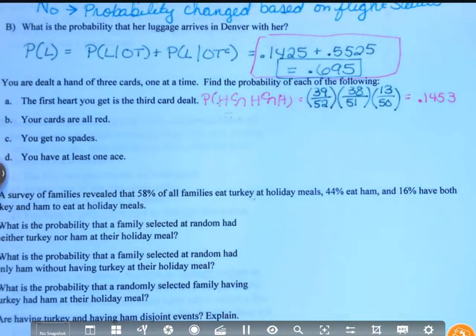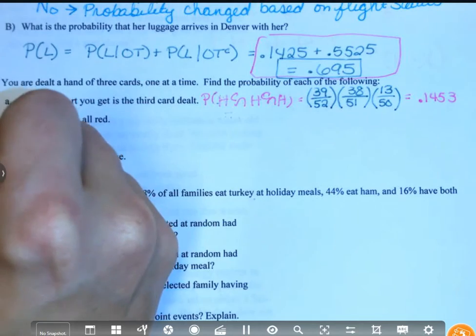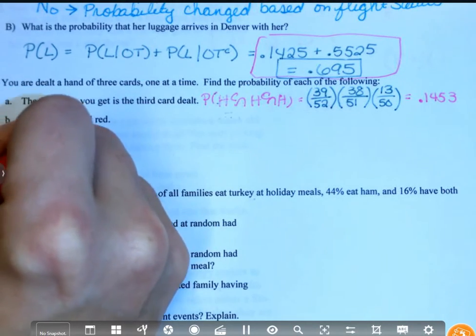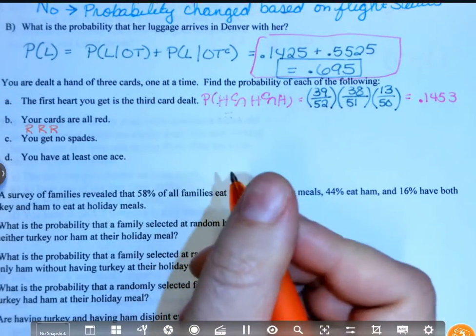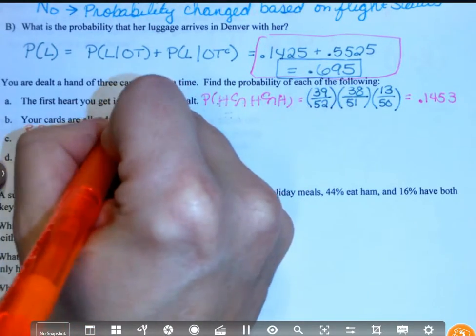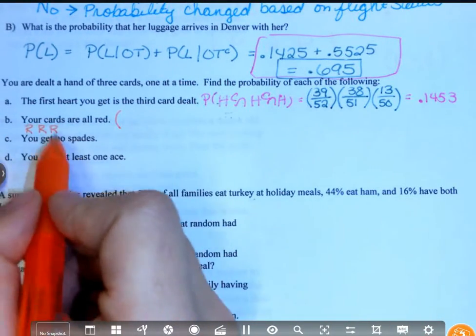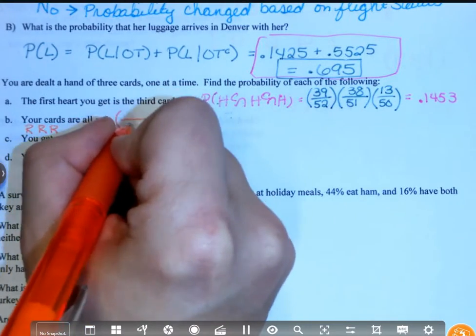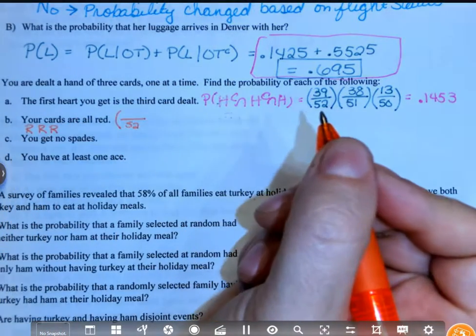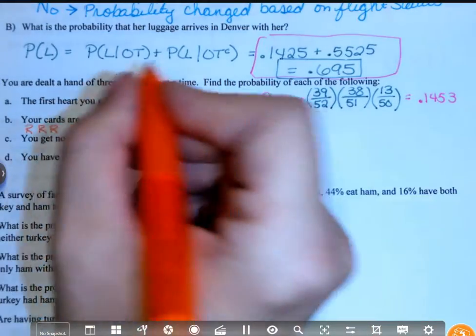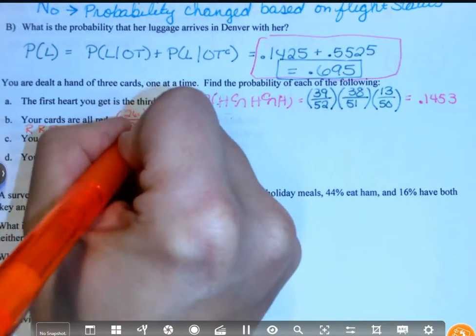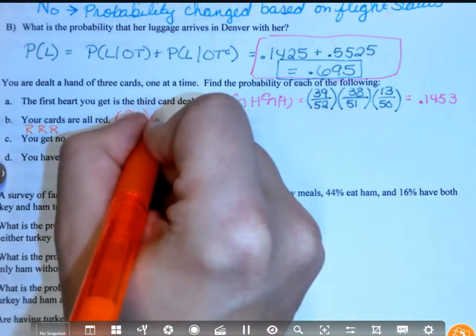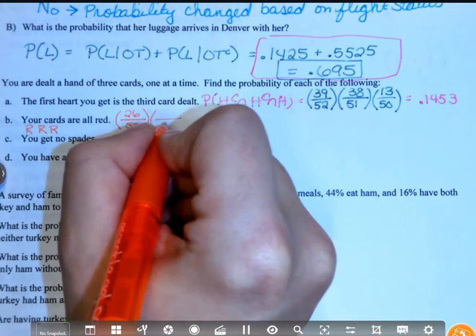Okay, so the probability that the cards are all red, that means I've got a red heart, a red card, another red card. How many cards do I have? In each one of these guys, we're starting over again. So how many cards are there in a deck? How many of those cards are red? Now, the next one. How many cards are left in the deck?